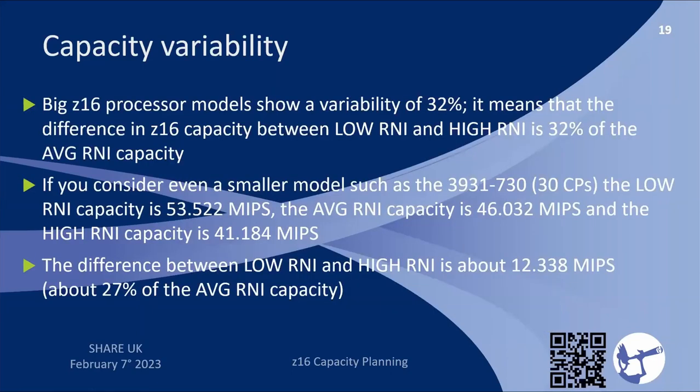So we are still at 32%. That's the difference between those two values that we saw before, in the highest class of hardware that you can install. But you can do this kind of calculation for every machine that you install, and you can understand what could be the difference in your situation if you exploit the machine in the best or in the worst way.